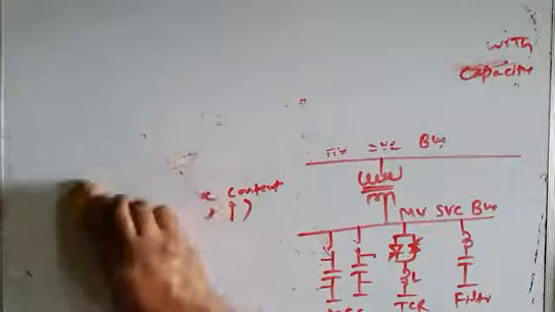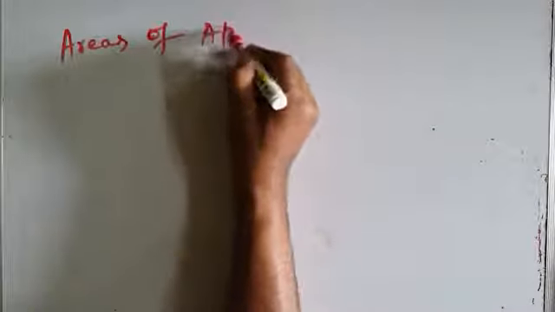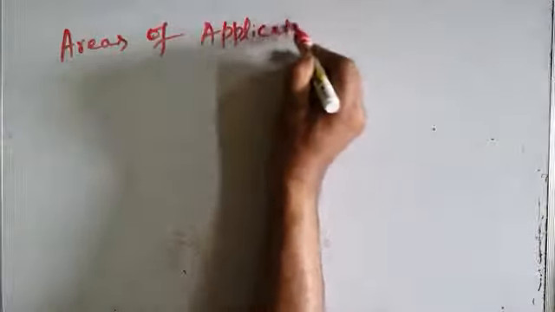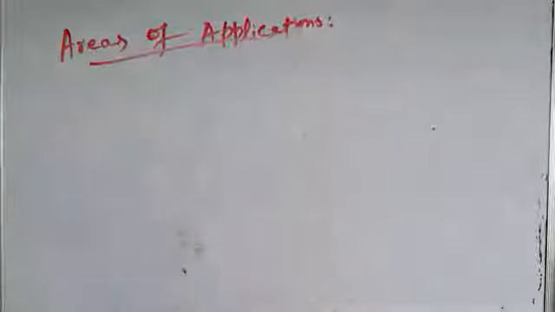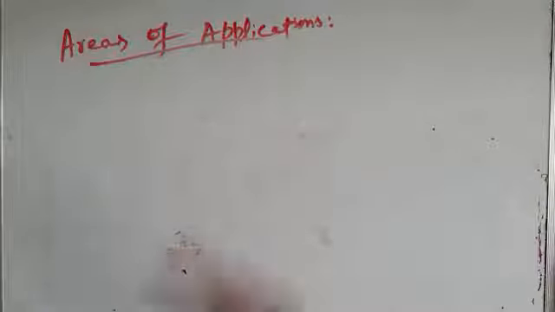So understanding the advantages and drawbacks of the MSC TCR SVC, now we can identify the areas of application. Where do they find their applications? Obviously, they cannot be used in those applications where frequent disturbances occur. Because for frequent disturbances you need quick response, quick switching operation.